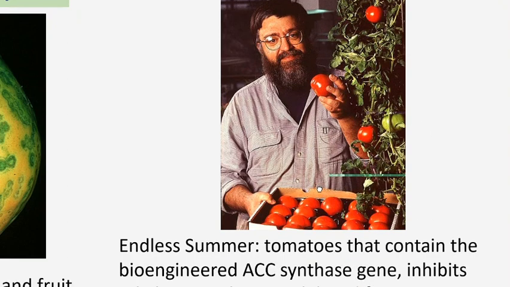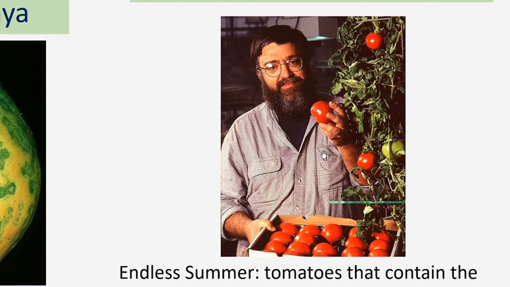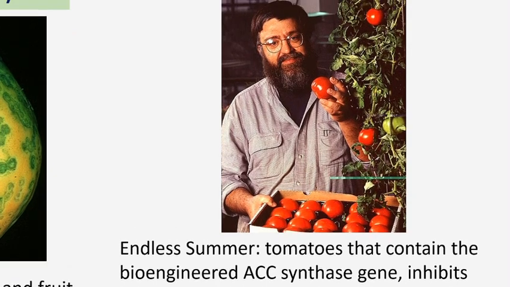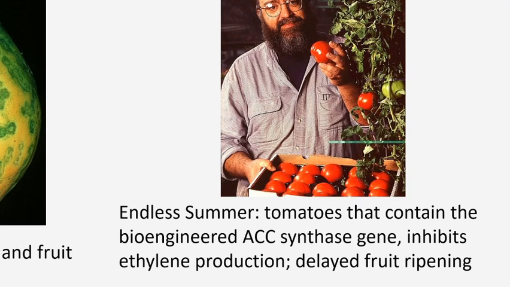That means these tomatoes can be collected at ripened condition, and they can be stored for a comparatively longer amount of time in the store or on the shelf, and within this time the tomato will not rot or get damaged, because this tomato contains a bioengineered SSC synthase gene, which gene product ultimately inhibits ethylene production inside the tomato.